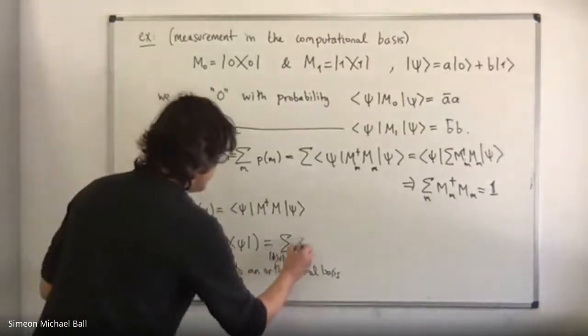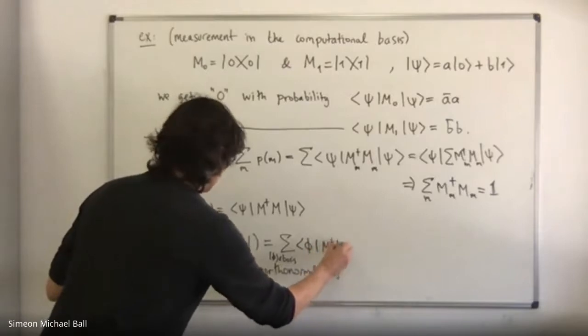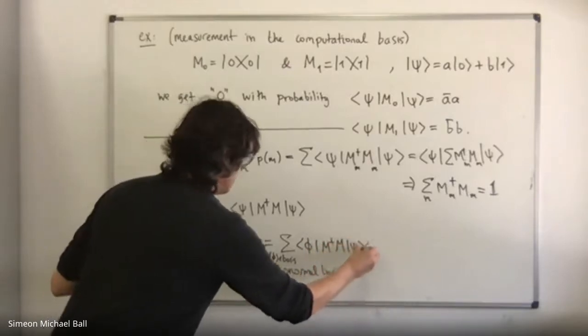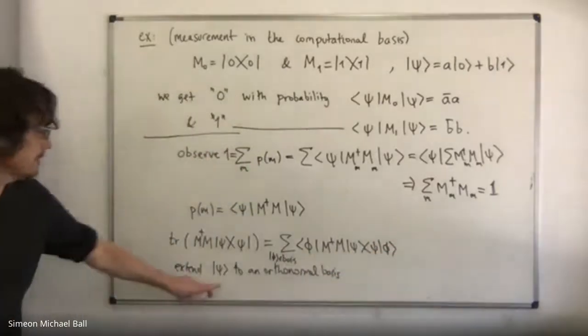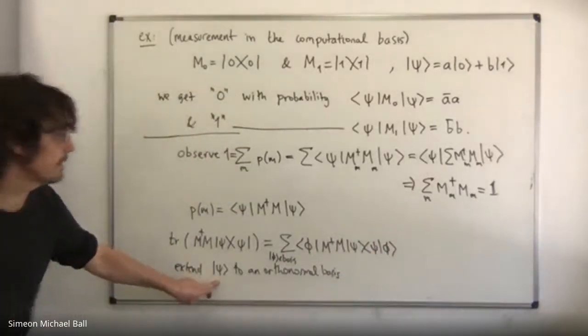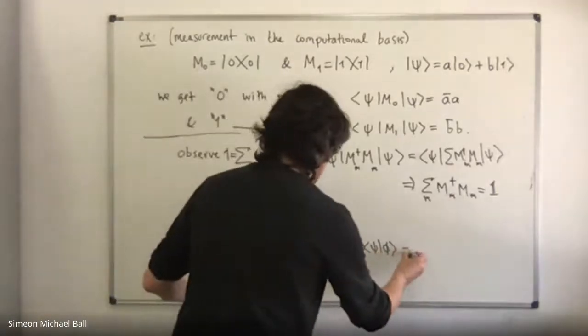But this is an orthonormal basis whose first element is psi, so all these terms are zero, apart from the first one. So this is simply this.